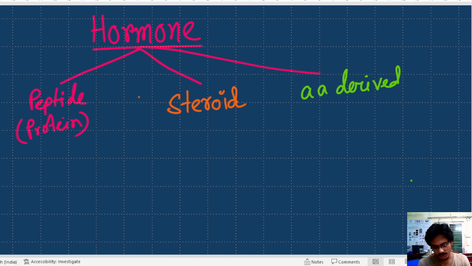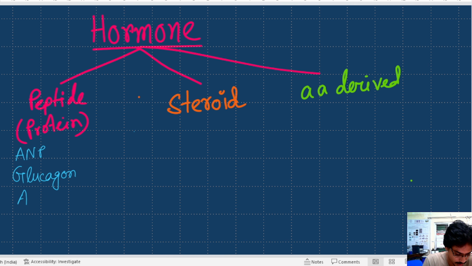So what are the major peptides or proteins found in that zone? Let's write. From the peptide or protein group, it will be ANP, or it might be glucagon, and it can be released from the anterior pituitary or the posterior pituitary.